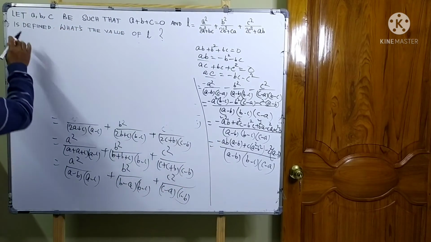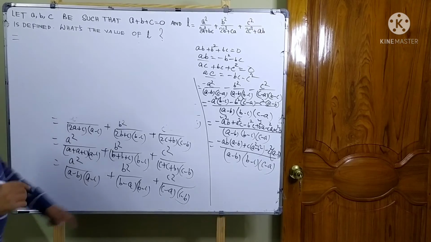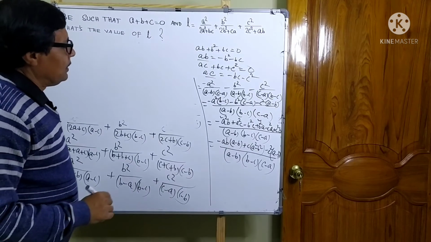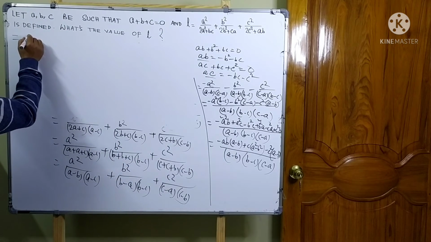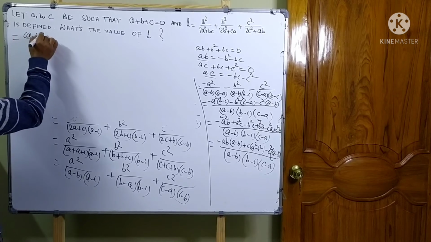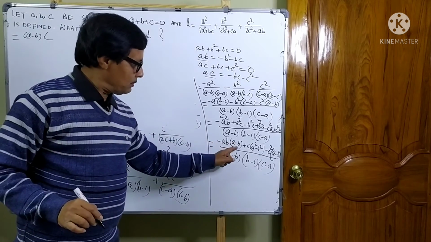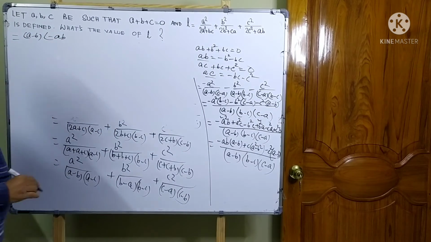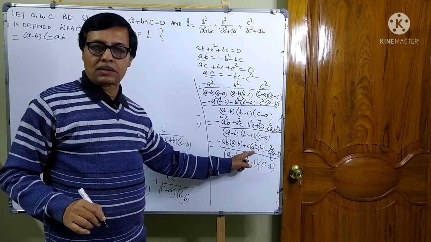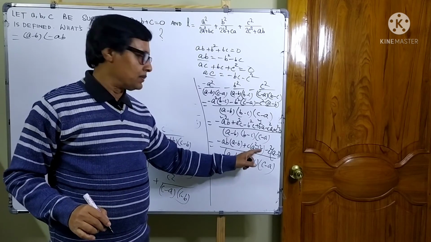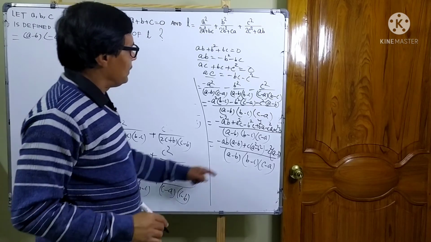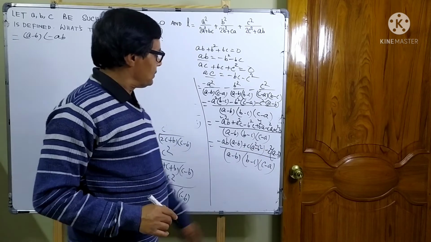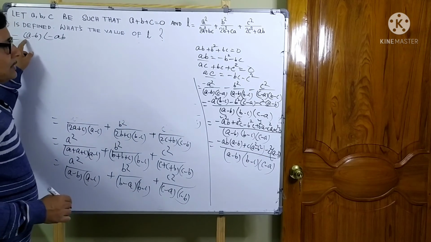From this expression we can write a minus b multiplied by minus ab, and a square minus b square is a minus b multiplied by a plus b. We take a minus b as the common factor of these three terms.